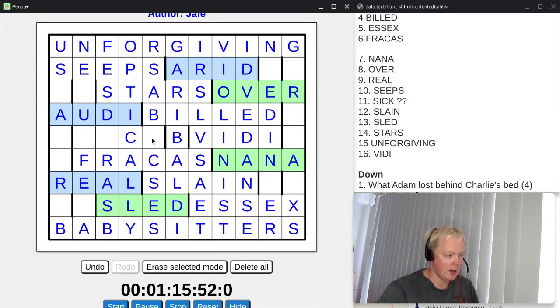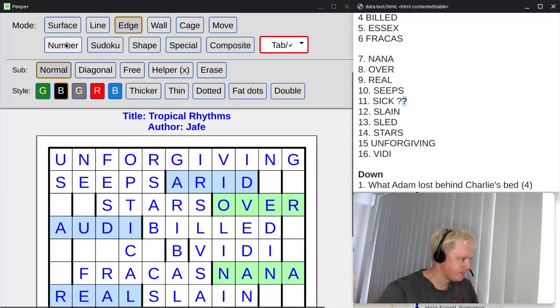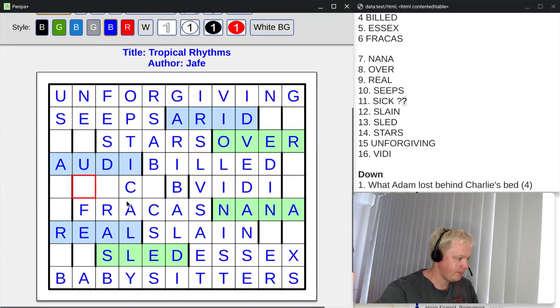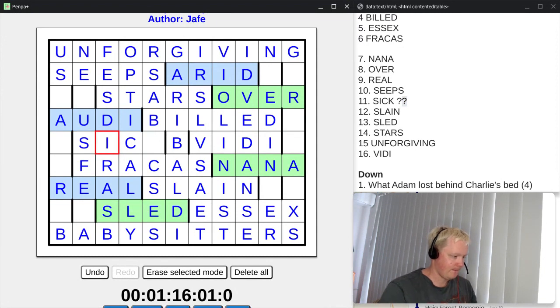So this is then the word sick, which we haven't placed yet. Okay, so that is all across is placed, solved and also placed. And now it should be very straightforward to put in our down answers.